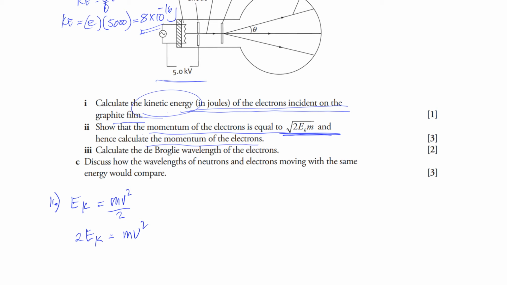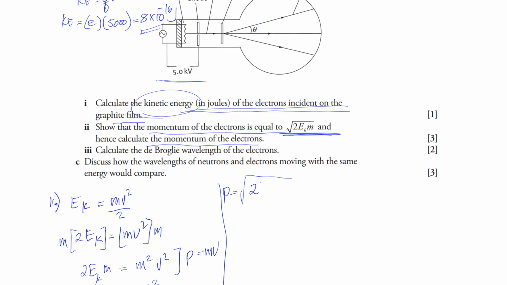Now, if you multiply both sides by m, we have 2 times kinetic energy times the mass equals m squared v squared. So mv is p, momentum p is mv. So this is p squared, this is 2 times kinetic energy times the mass. So it means your formula for p is the square root of twice the kinetic energy times the mass. Then we have already shown that.